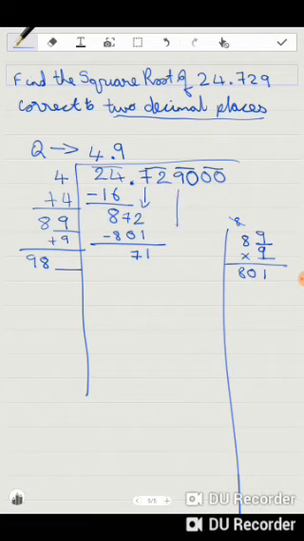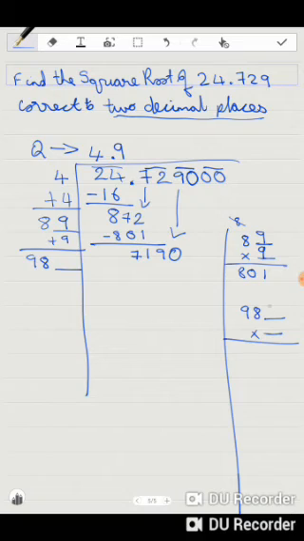Now I bring down my next pair of digits as 90. So now I ask myself, 98 dash into dash should give you a number less than or equal to 7190. So what digit do you think we will fill over here? 0.